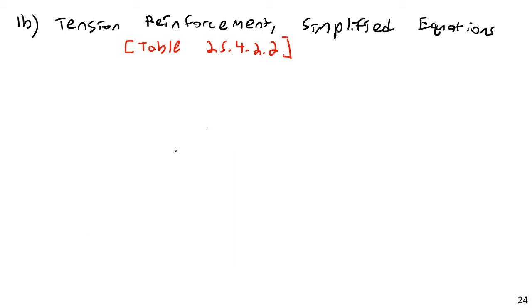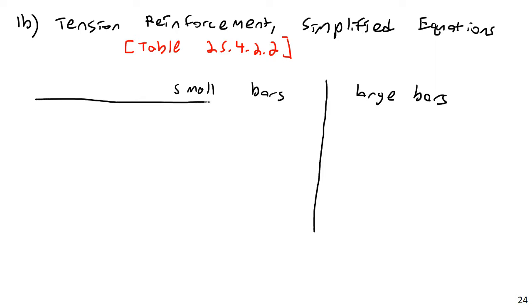The way I'm going to classify this is basically small bars, large bars. I'm going to approximate or simplify even further, translating all the things there to a simple case here.